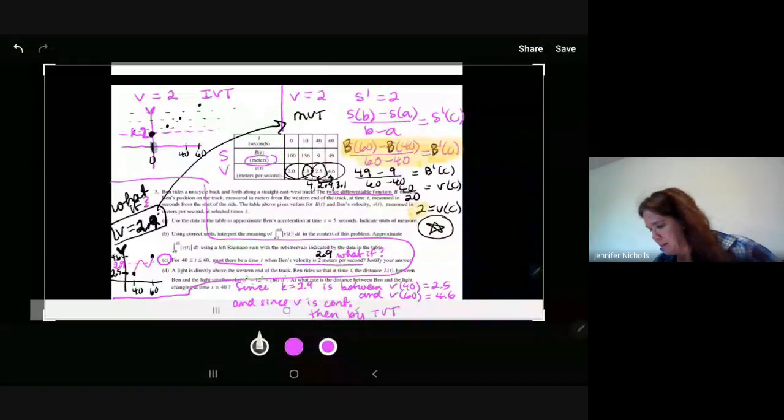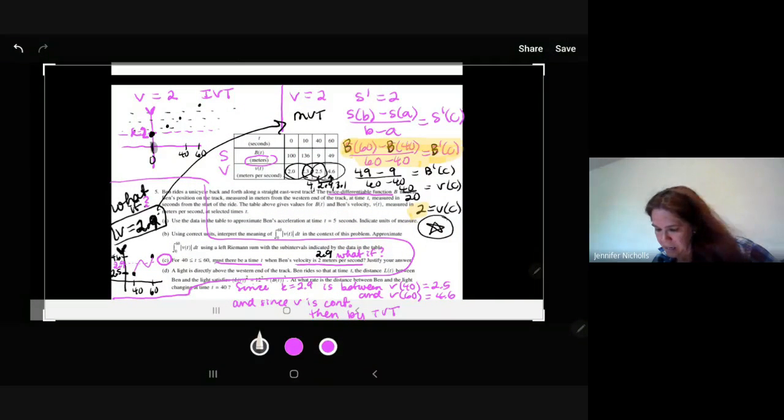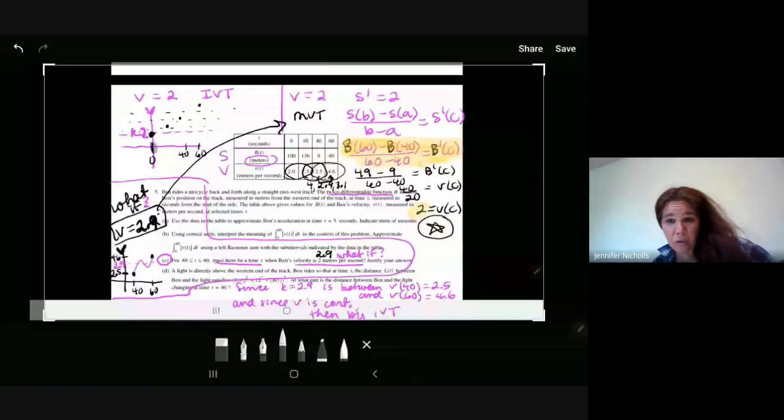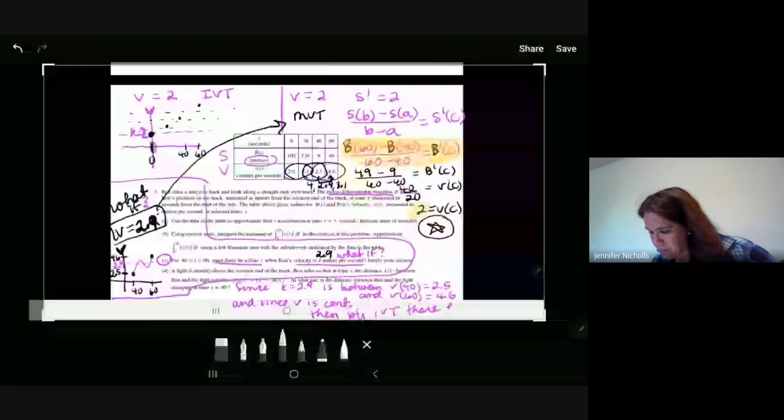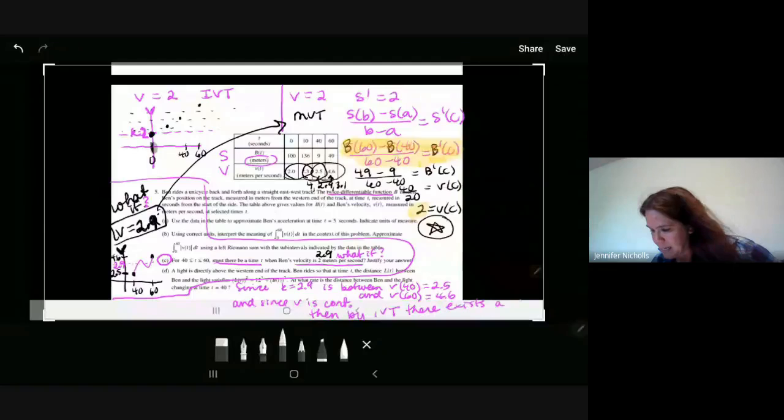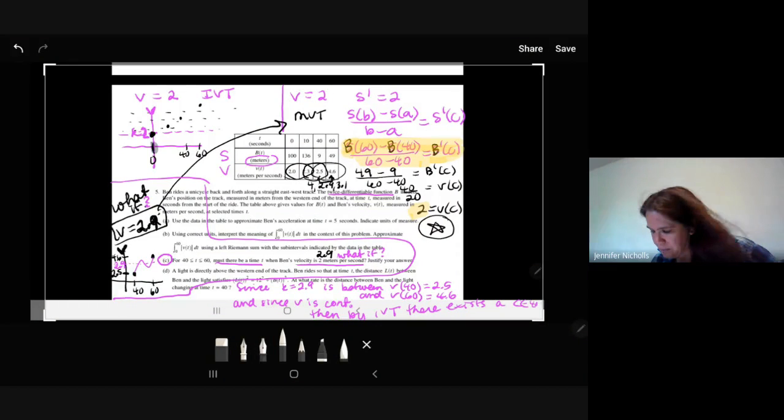Okay, so by IVT, that looks like TVT, but that's actually an I. Let's see if I can erase the top of the T. There you go. So here we go, IVT. But yeah, I would use the whole theorem name. Then by IVT, there exists a C between 40 and 60 such that f of C equals 2.9.